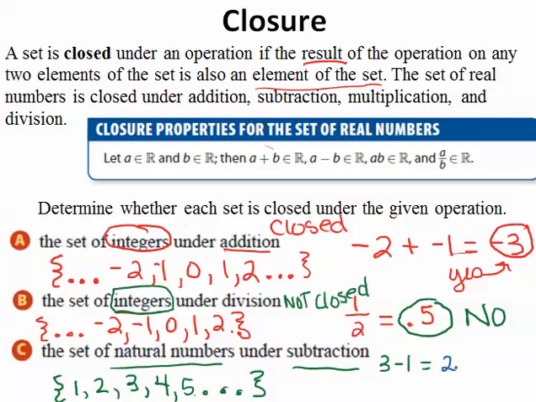That's 2. Is that a natural number? You're going to say, yes, that's a natural number. So your logical assumption would be, well, then it's closed because we get the same type of answer back. Well, what if I did 1 minus 3? Uh-oh, that's -2. Is -2 a natural number? No, it is not. So this is also not closed.